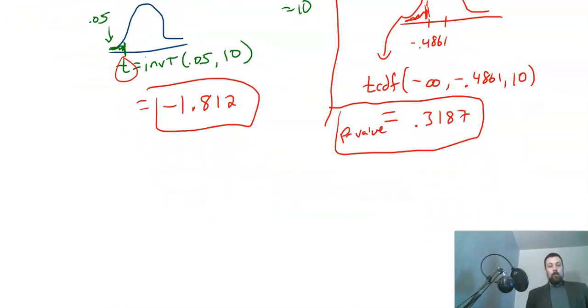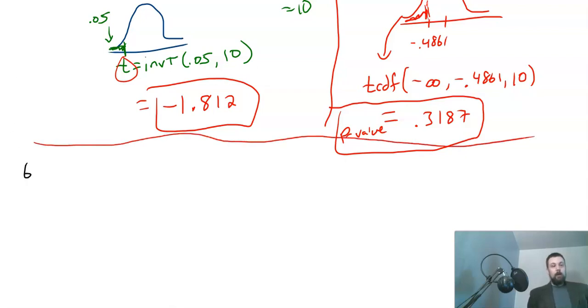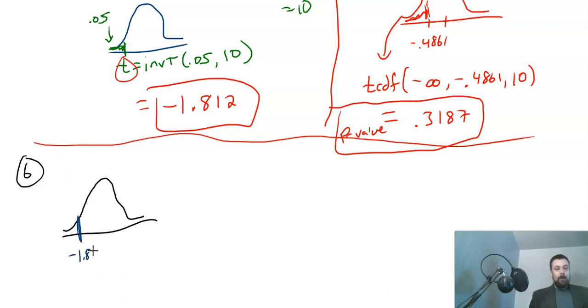All right, so what's my conclusion then? So do I reject or do I fail to reject the null hypothesis? If we use the critical value, we draw the line here at negative 1.812. Zero's in the middle. My test statistic was somewhere in between, right?